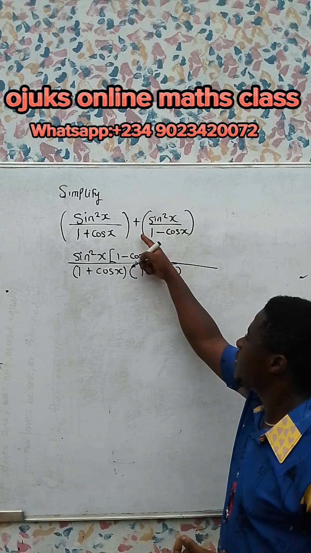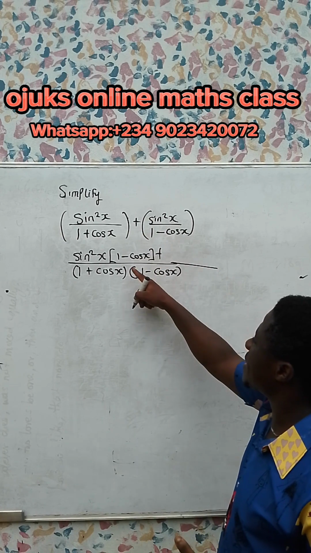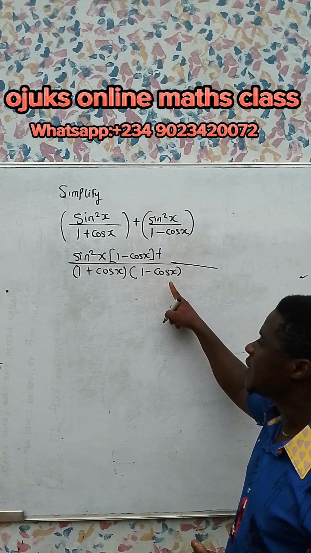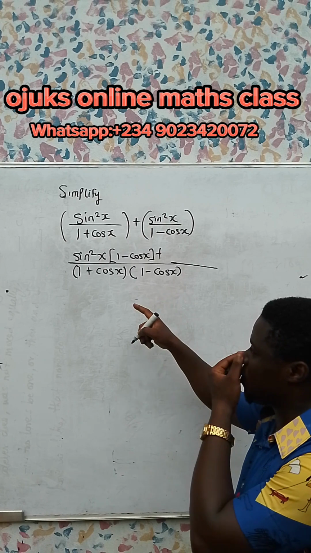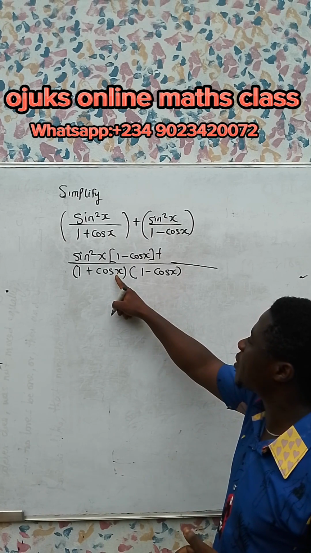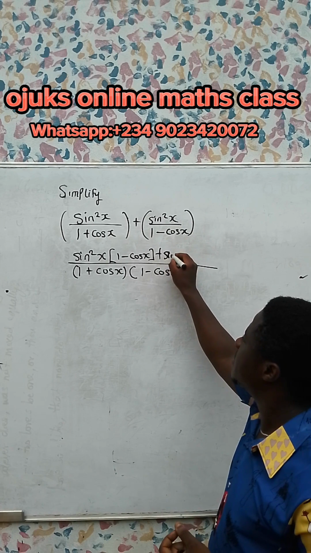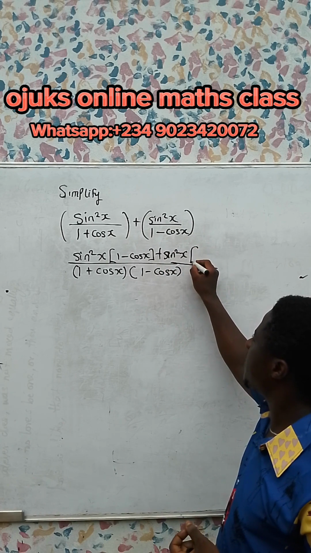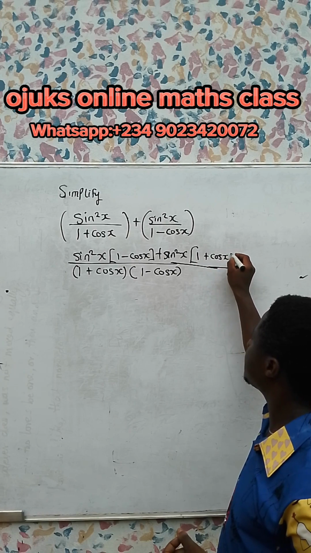Then plus, we go again. 1 minus cos x into this expression beneath. Of course, 1 minus cos x will cancel out 1 minus cos x. We are left with 1 plus cos x. So 1 plus cos x will multiply sine square x. So we're going to have sine square x in bracket 1 plus cos x.